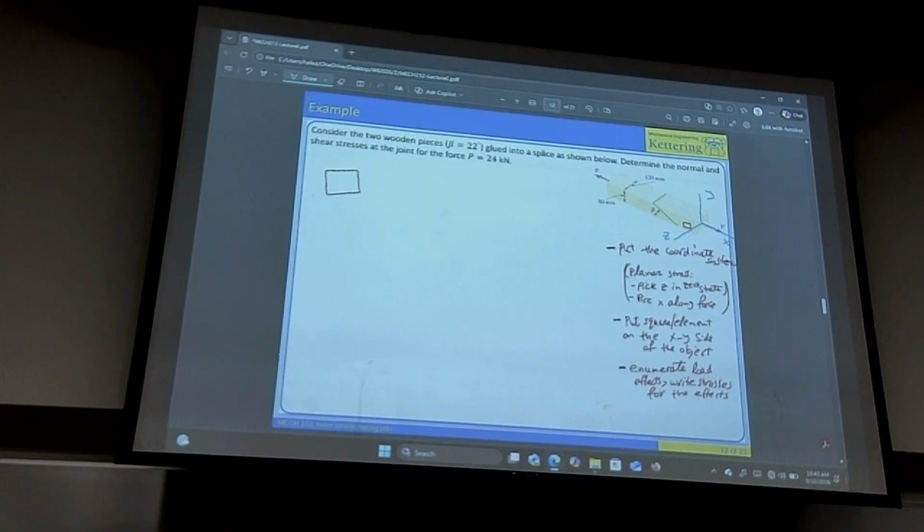Positive. In terms of X, Y, or Z? X. So that's why you said positive, you put outward in the direction of X. The value is given as 24 kilonewtons, so times 10 to the 3. The area is the cross-sectional area, 80 by 120, with millimeters to the minus 3. So 2.5 megapascal.